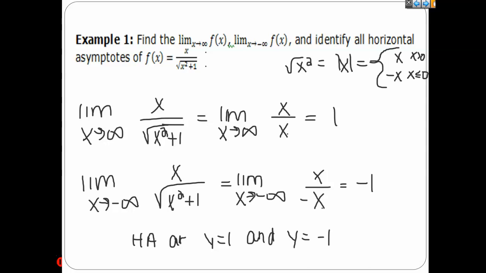Let me show you a graph. All right. So I took the function that we're looking at right now and I put it into my graphing calculator.